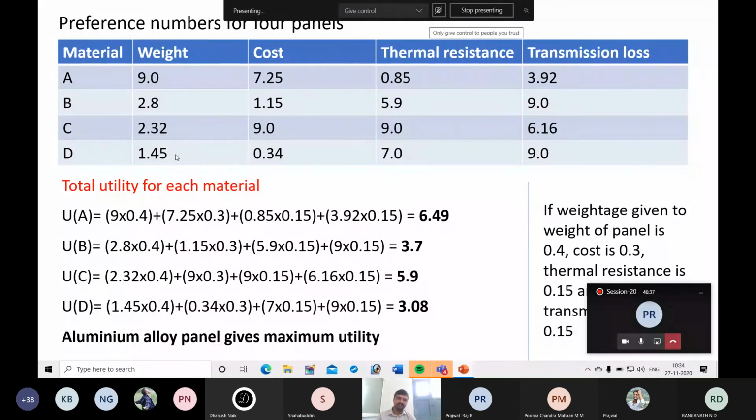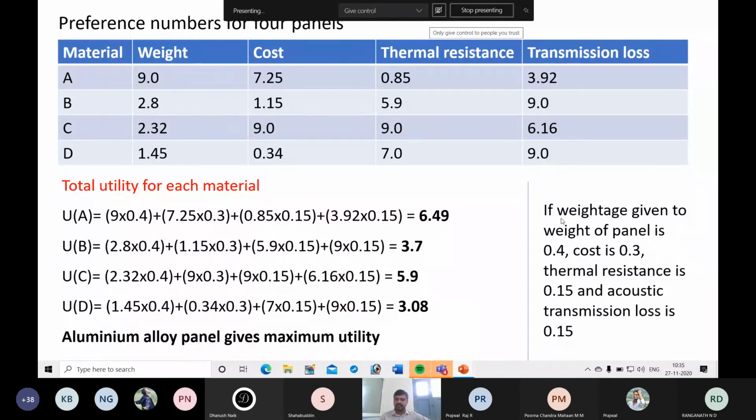Next, if you have these utility or preference numbers, then you can easily find out overall utility of each material. First consider overall utility of material A. So 9 is the preference number, utility number, into weightage assigned. In the problem they have assigned the weightage. For weight of the panel 0.4 is the weightage. For cost 0.3 is the weightage.